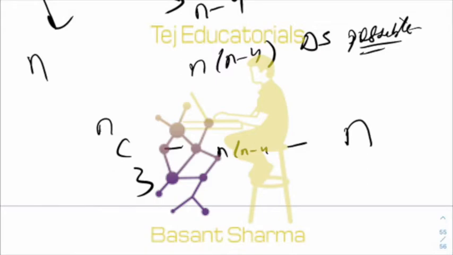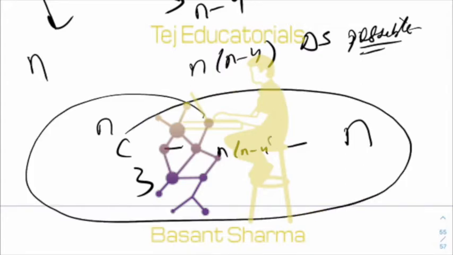So the total number of triangles which share no side in common is equal to the total number of triangles minus those triangles which share at least one side, and that is this. So this is your answer.